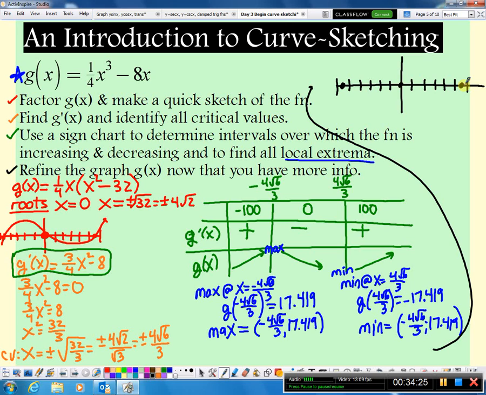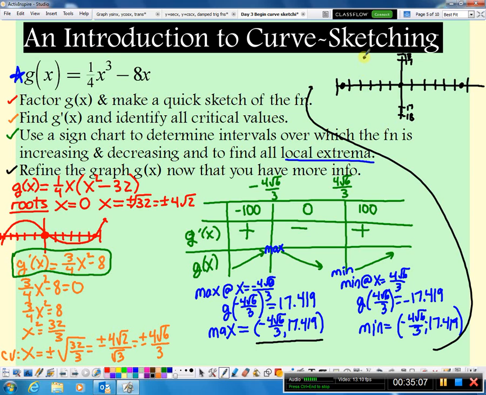Now I'm actually going to say I need to plot these 2 points. So negative 4 square root 6 over 3. If I take the square root, I'm getting that those are at roughly 3.3. If I say this is 17, this is 18, this is negative 17, this is negative 18, so this point is roughly negative 3.3, comma 17 point whatever.